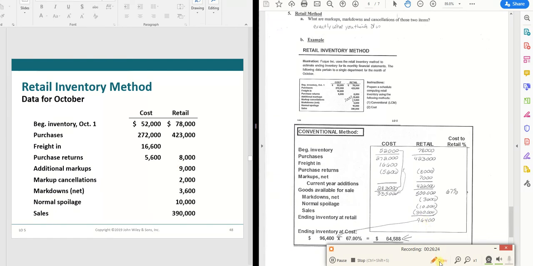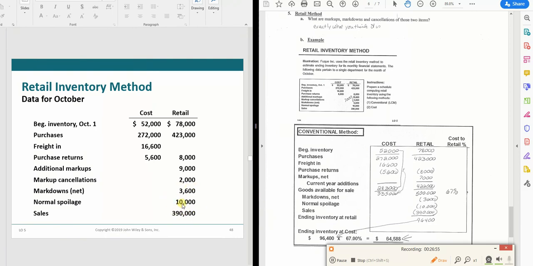Remember, I told you to put 7,000 right next to that. So these two are 7,000. Now I get 422 of purchases, so 78,000 plus net purchases is 500,000, so 335 divided by 500 is 67%. Then markdowns, these are done on the selling price.